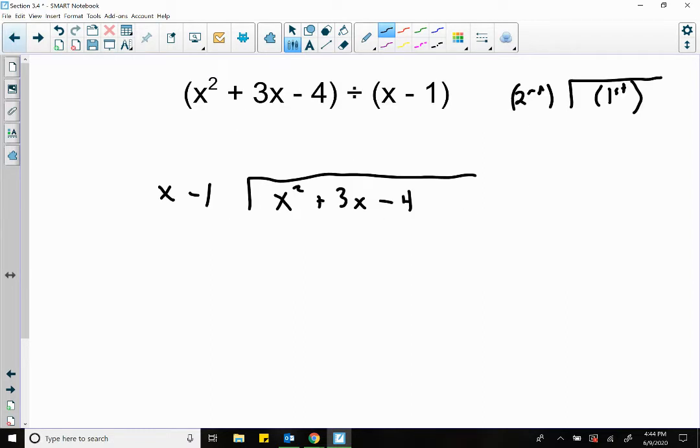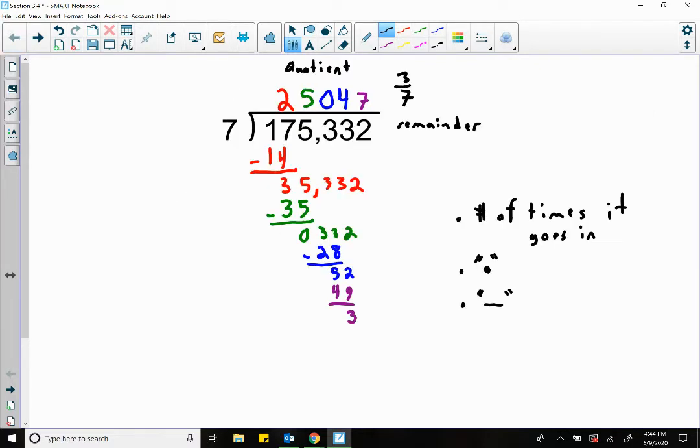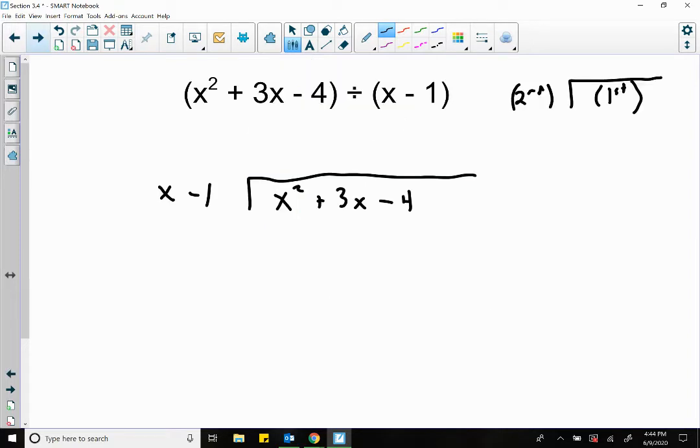Here's how it works. This is like that first number we were trying to get rid of over here, the 17. Okay? What's cool about this, when we do polynomial, what you care about is this first guy right here. We want to know what times my x here will give me this guy right here.